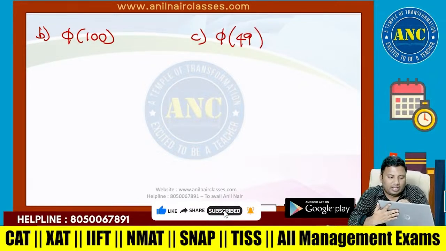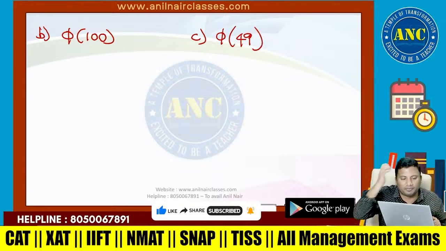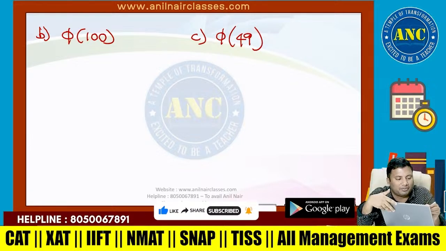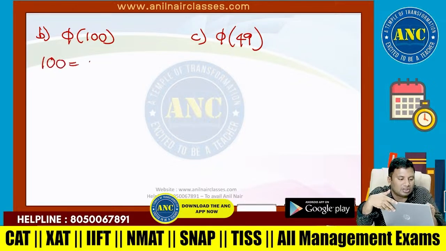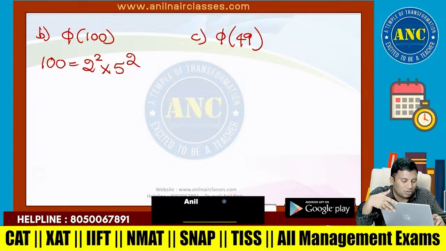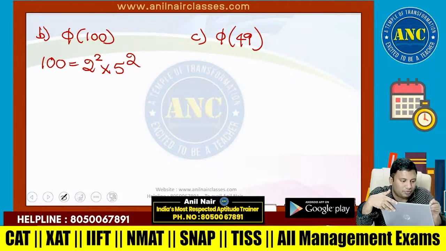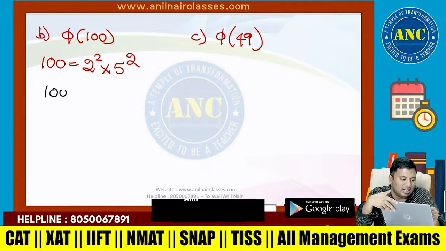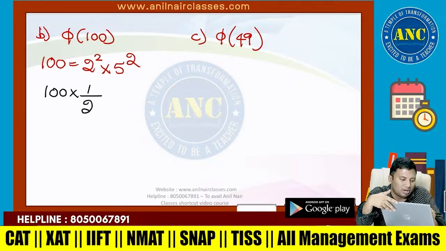Quotient of 49 and quotient of 100. One is a non-perfect square, another is a perfect square. 100 is nothing but 2 square into 5 square. So, answer is n into 1 minus 1 by P1, which is 1 by 2, into 1 minus 1 by P2.